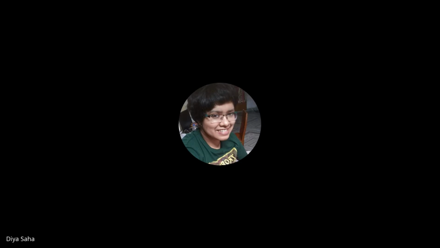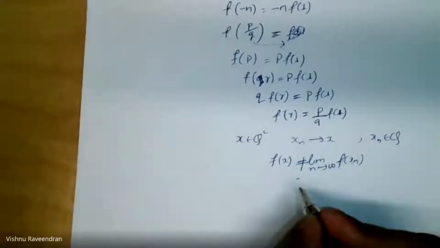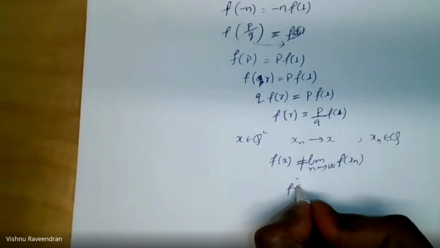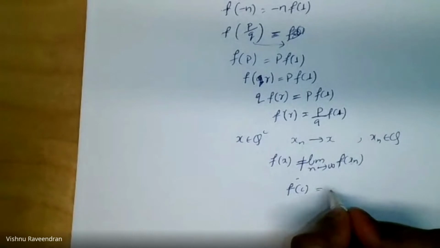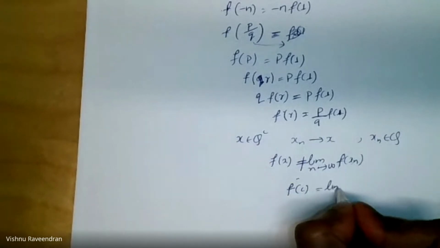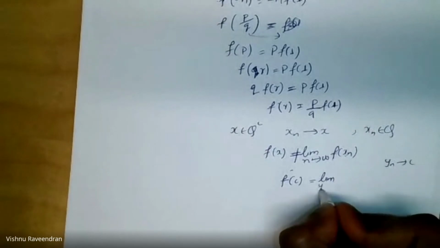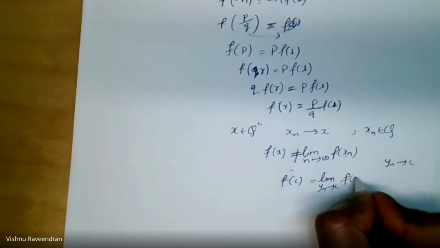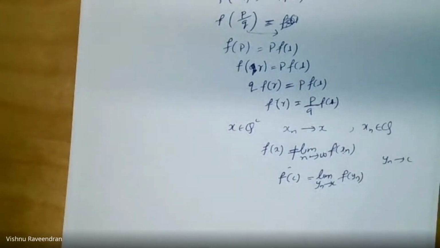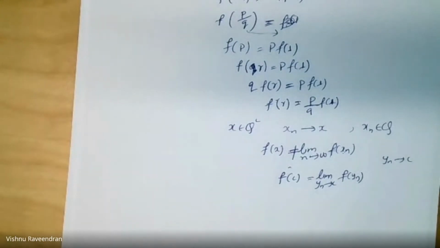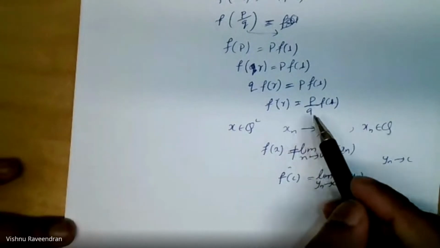Yes, sir, then can I do it for that single point? Yes, that you can do. For example, if yn converges to that single point, then the limit of f of yn follows. But the idea is good.